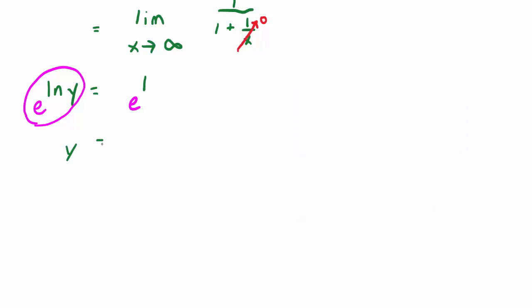So a lot of people like to do it that way. So y equals e, that mysterious number 2.718 blah, blah, blah, that turns up in so many different applications in math. Everything from compound interest applications to population growth to AC circuits. e is everywhere in math. Not everywhere, but it's in a lot of places.